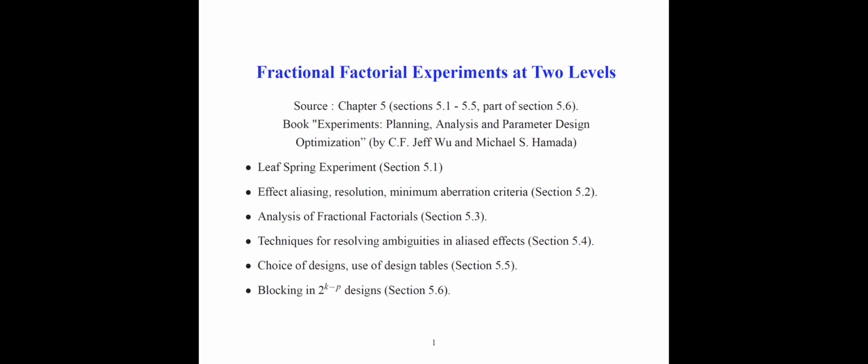After that, we're going to talk about the analysis of fractional factorials and techniques for resolving ambiguity in aliased effects. And in the end, we're going to talk about the choice of designs, use of design tables for fractional factorial designs, and blocking in 2^(k-p) designs.